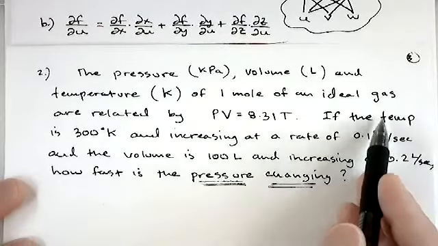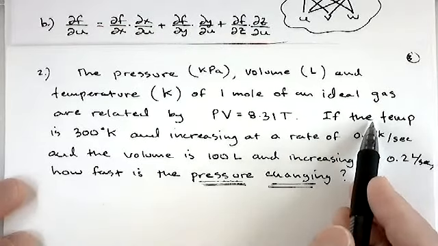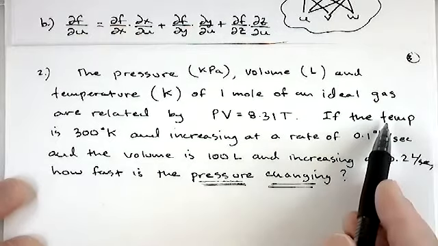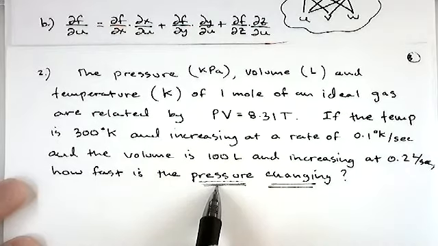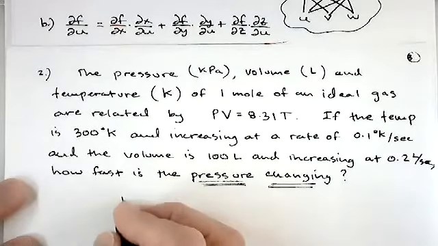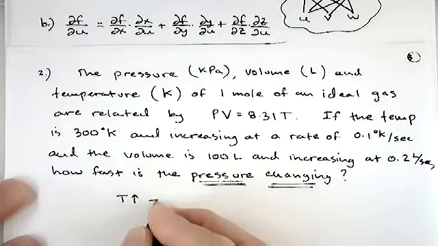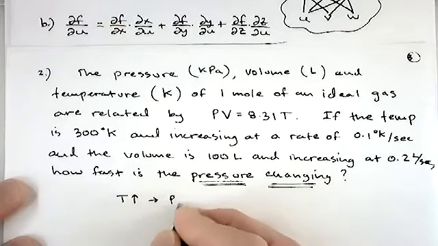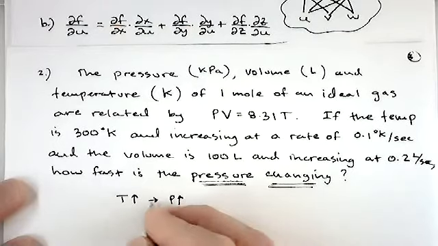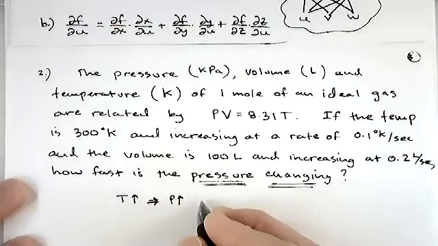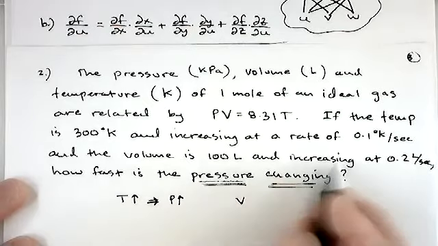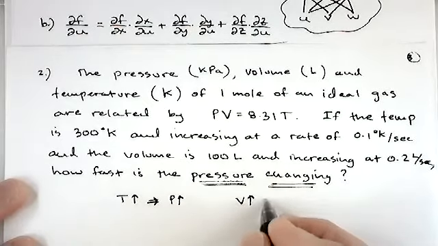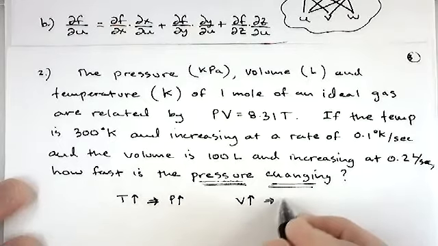Let's see intuitively, do we have an idea of what the answer should be, whether it should be positive or negative? If the temperature increases, what does that do to the pressure? If the temperature of a gas goes up, that usually would imply the pressure goes up as well, right? You're heating things up. But the volume is increasing as well, and that would give more space for the gas, so that usually causes a decrease in pressure.